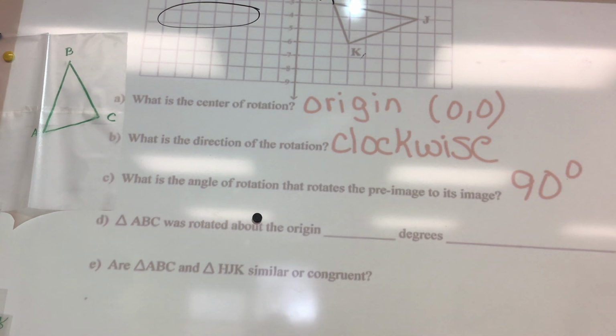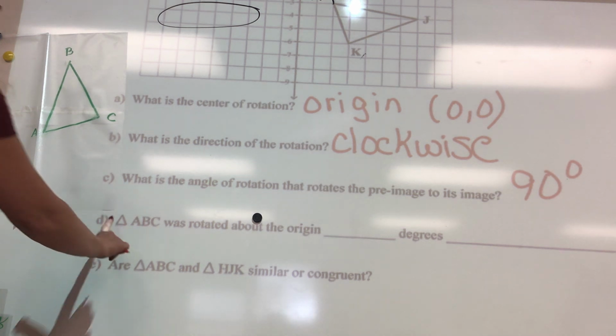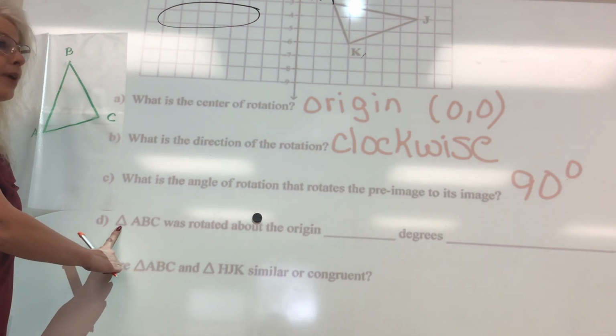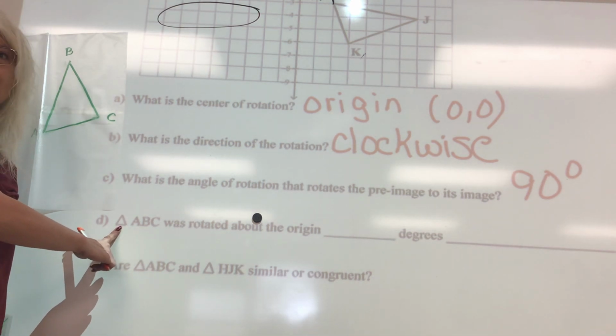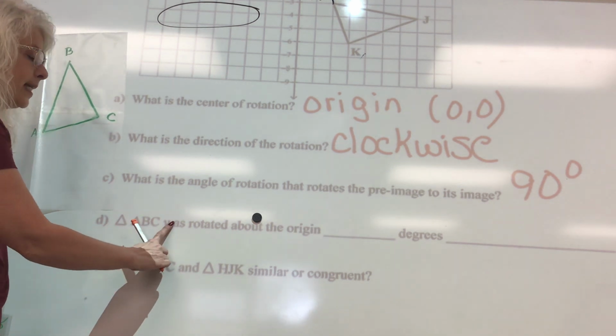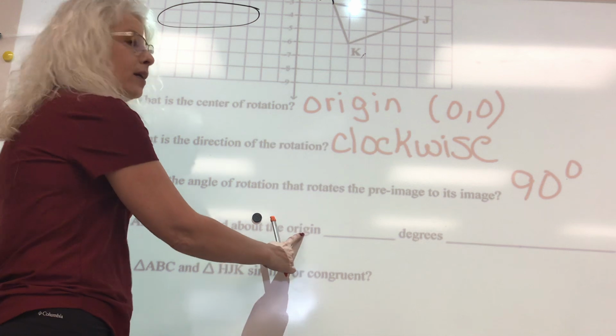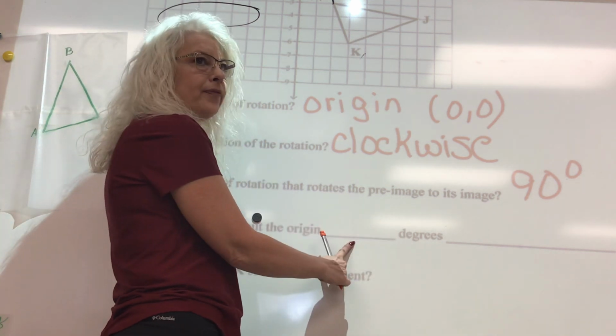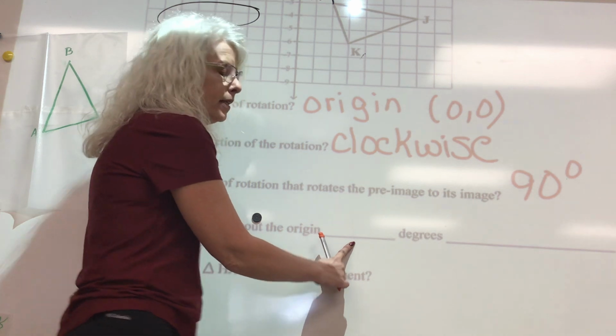Then part D, it says, oh, we have a little figure here. What does this little symbol look like? A triangle. So guess what I'm going to say when I see it? Triangle ABC was rotated about the origin blank degrees. What am I going to fill in there? 90.